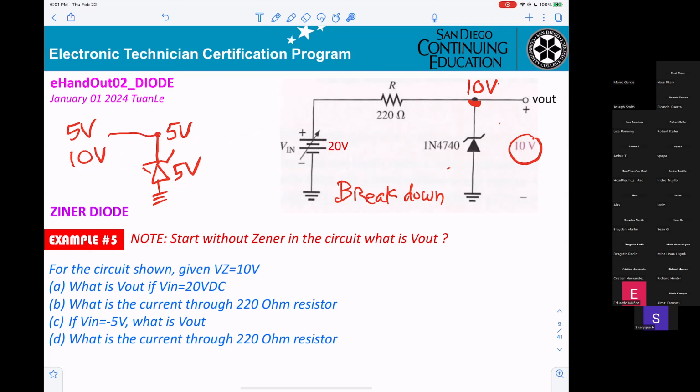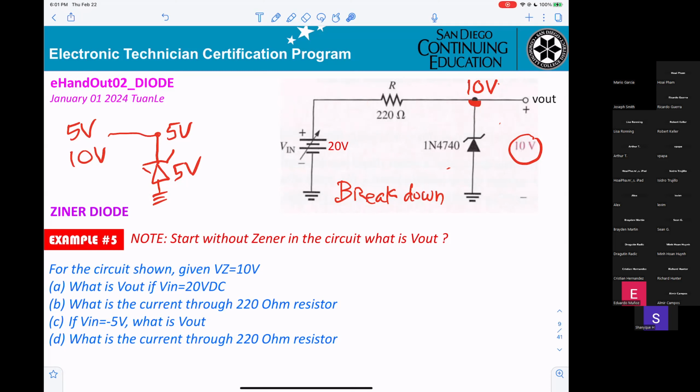Okay? That's the purpose of the Zener. They try to protect the circuitry at a certain voltage they want. For this circuit, they want only 10 volt or less. Or less voltage here, cannot be higher.